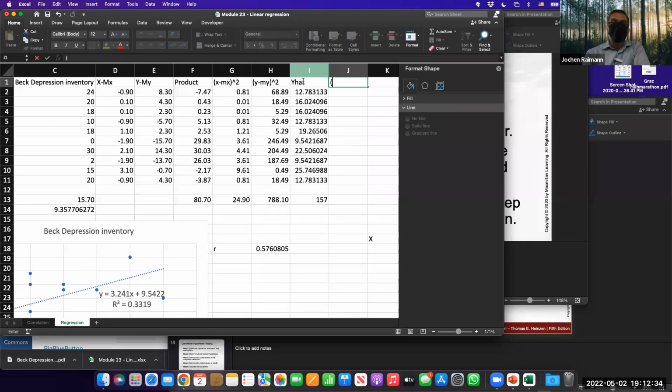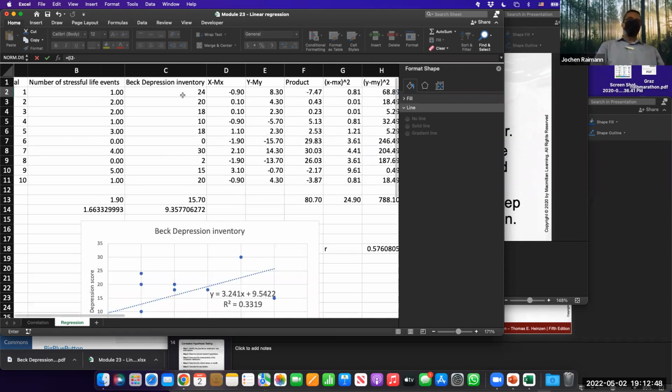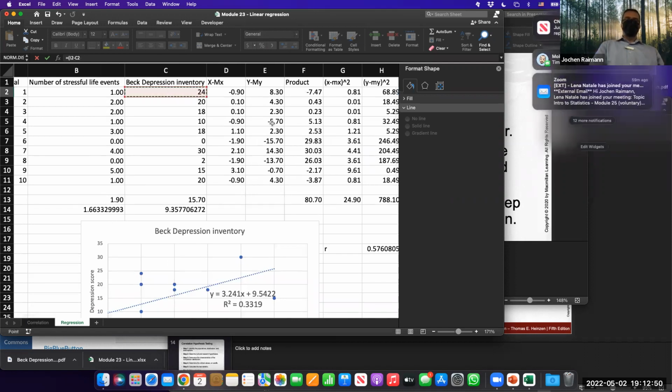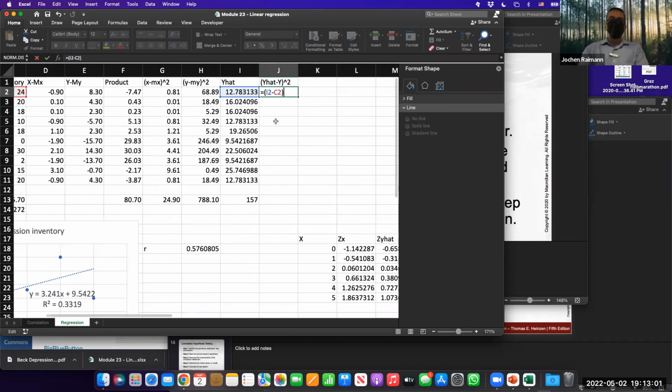So y hat minus y squared gets us now to y minus, this is the actual observed Beck Depression Inventory. So this is the deviation, that's the actual residual.